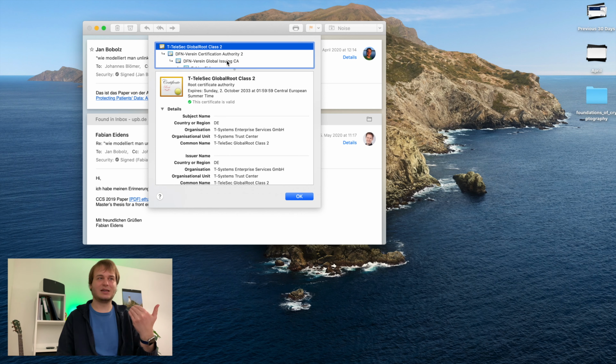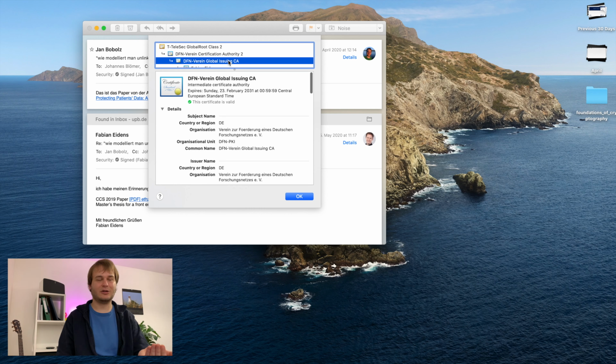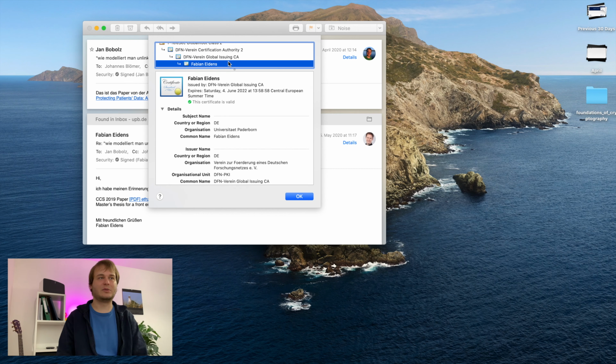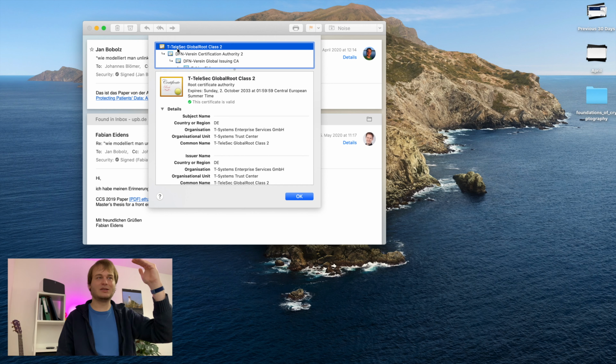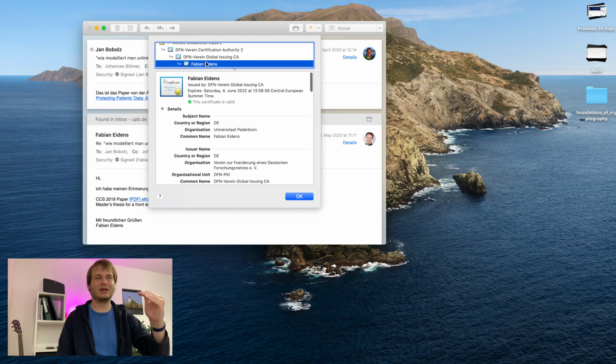And then they actually signed the public key of the DFN. And then the DFN signed the public key of a smaller subdivision of the DFN. And then that subdivision signed the public key of Fabian. Through this chain, my machine trusts this certificate, and they signed this certificate, and they signed this certificate, and then they signed this public key of Fabian, so I can be reasonably sure that this is actually Fabian's public key.